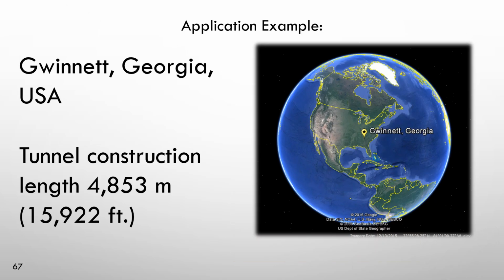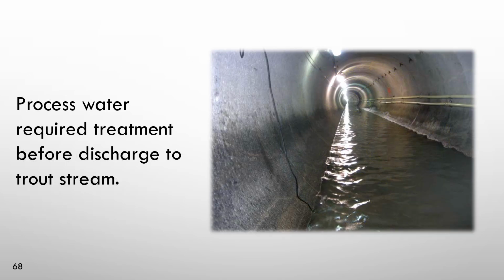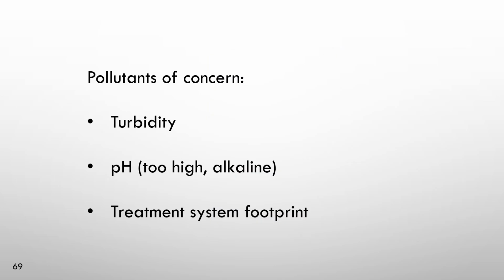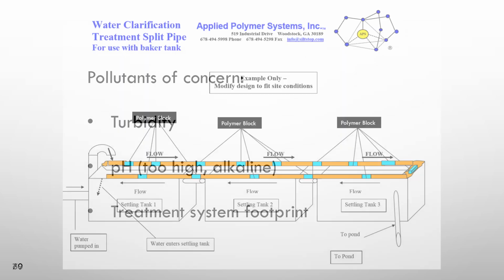Another example of that was a tunnel construction in Georgia, which is where Applied Polymer Systems is based out of. So this was process water that required treatment before it was discharged to a trout stream. It had high turbidity, and it also had a high pH. And we also had a very small treatment system footprint.